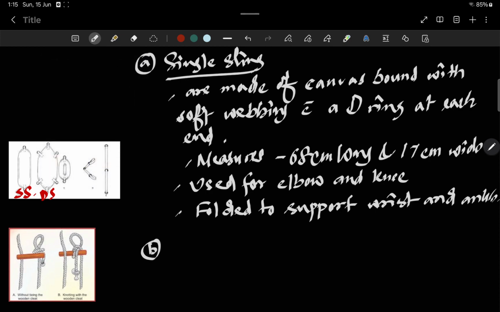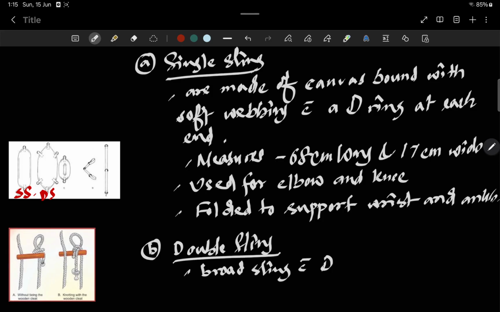Number 2, double sling. It is a broad sling with D rings.